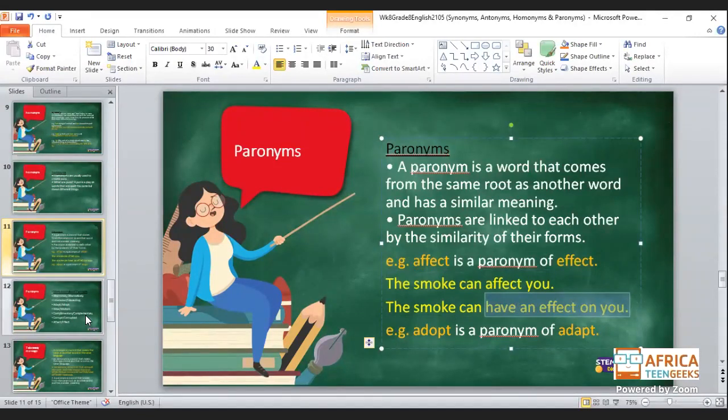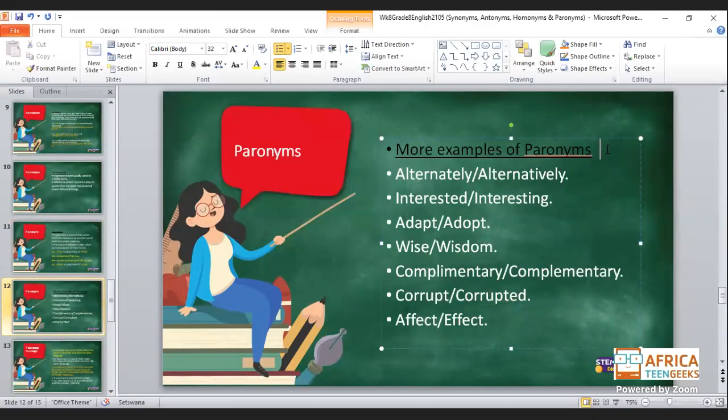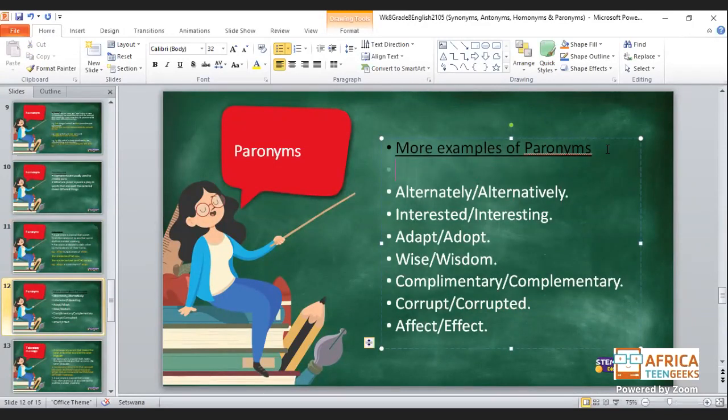Okay, let me go to the next slide. All right, so it's collision and collusion. With collision, we collide, and that is usually accidental. But with collusion, you and I agree to become a part of a team.